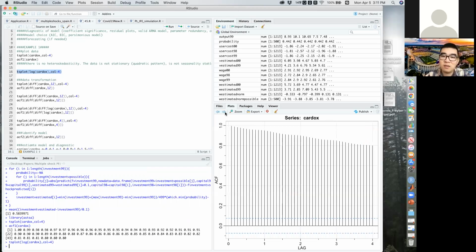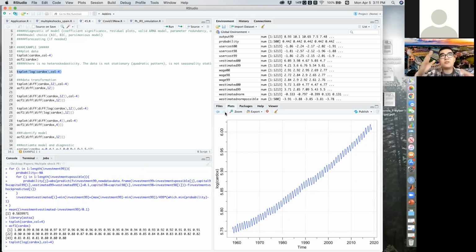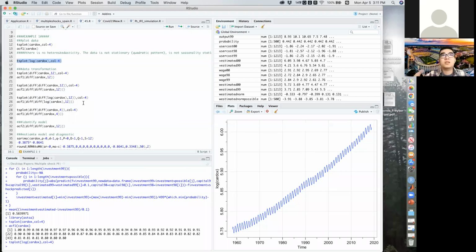The log transformation makes right-skewed data more normally distributed, and because our original data is pretty much normally distributed, if you take the log, there shouldn't be much difference. So now let's forget about the log transformation for a moment. Let's say there's no heteroscedasticity problem in this time series data.